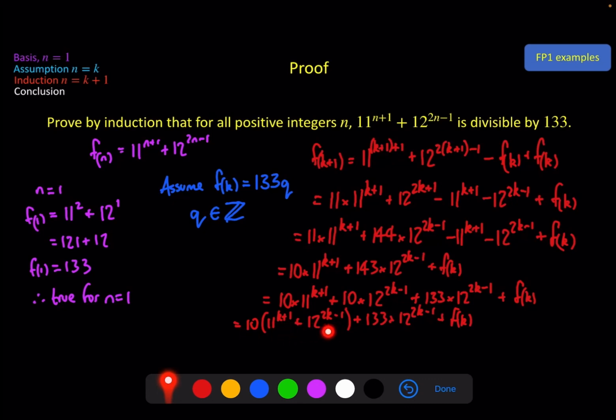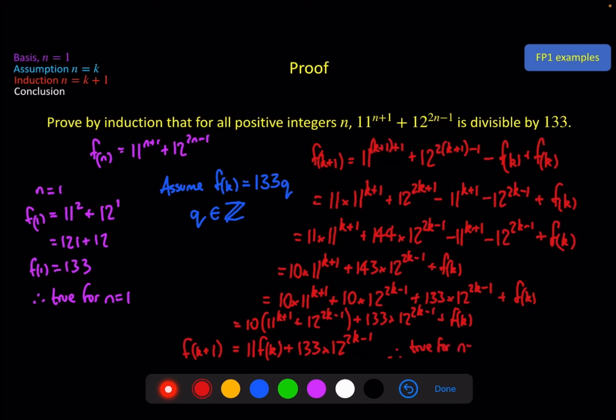So I've got 10 lots of f of k, plus 1 f of k, that all becomes 11 lots of f of k, and I still have 133 lots of 12 to the 2k minus 1, and that has proven that f of k plus 1 is divisible by 133 if f of k is divisible by 133.